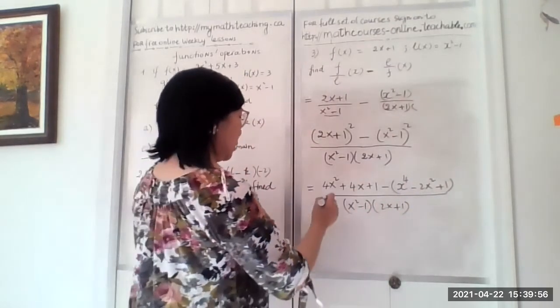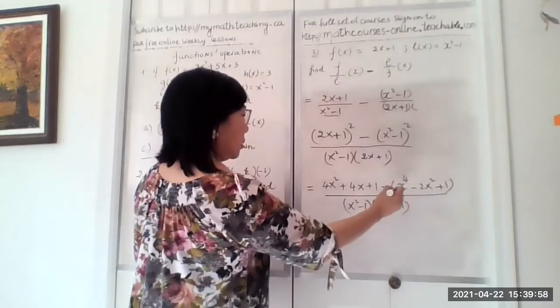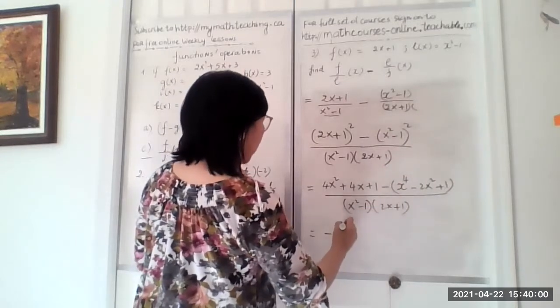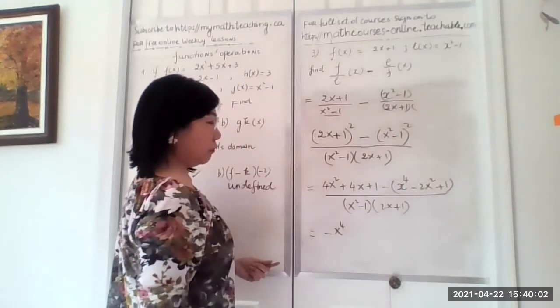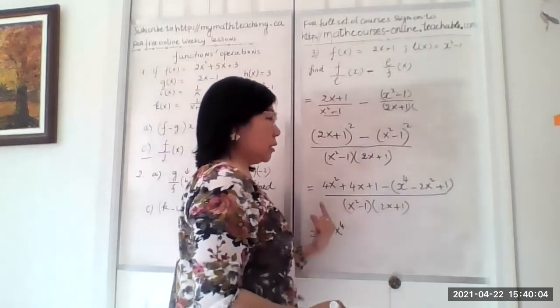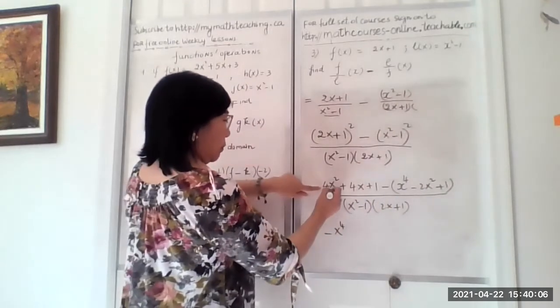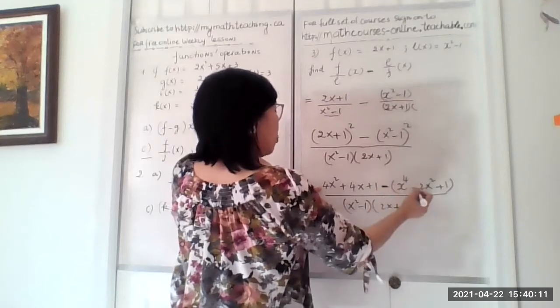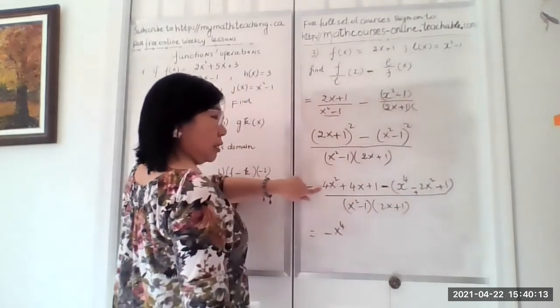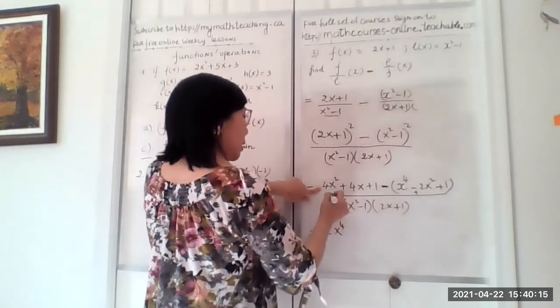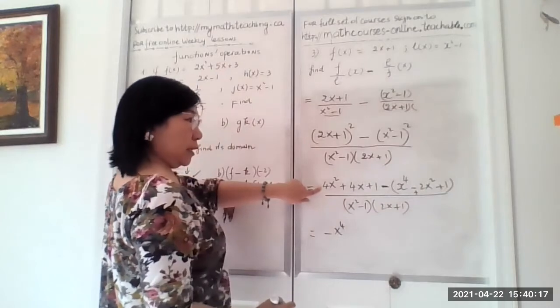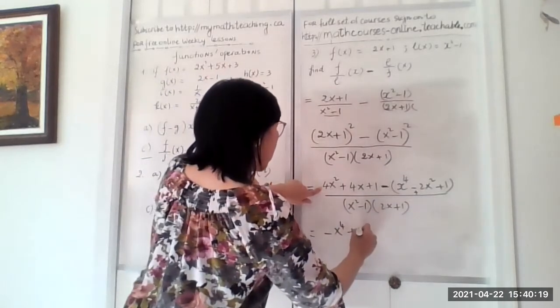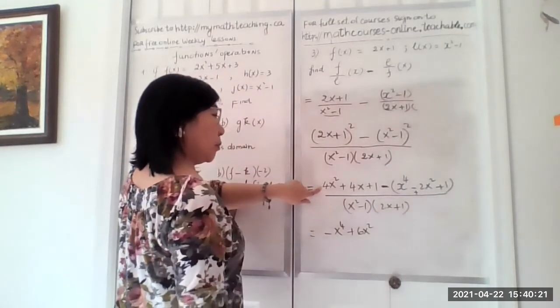Now let's simplify the top a little bit. The top will be minus x to the power 4. I'm going to put the highest power first, then 4x squared. Now, because this is negative, we change this to positive, so we have positive 2x squared added to 4x squared, like terms, which becomes plus 6x squared.